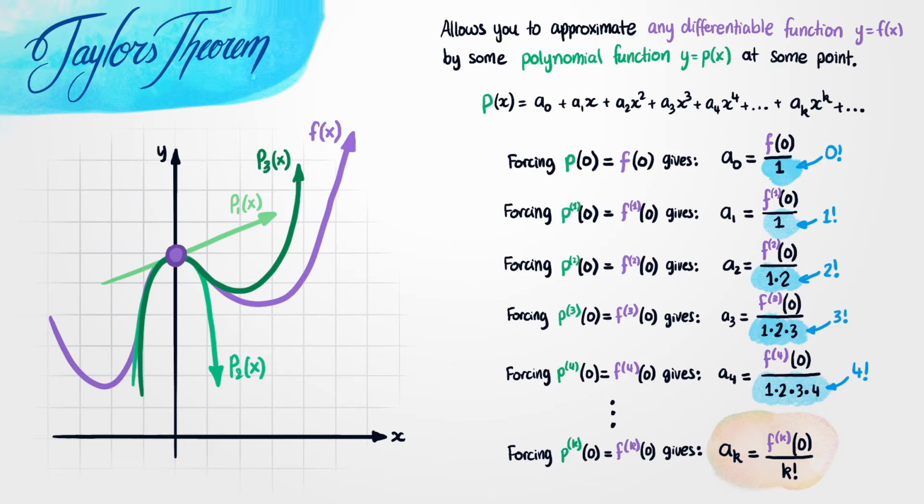To be entirely honest with you, this particular formula over here is a special version of Taylor's theorem, and it's called Maclaurin's theorem. Maclaurin's theorem is basically Taylor's theorem written at x equals 0, and that's the reason why 0 appears in the formula. In a follow-up lesson to this one, I'll show you how you can actually generalize this formula to work at any x value rather than just x equals 0.